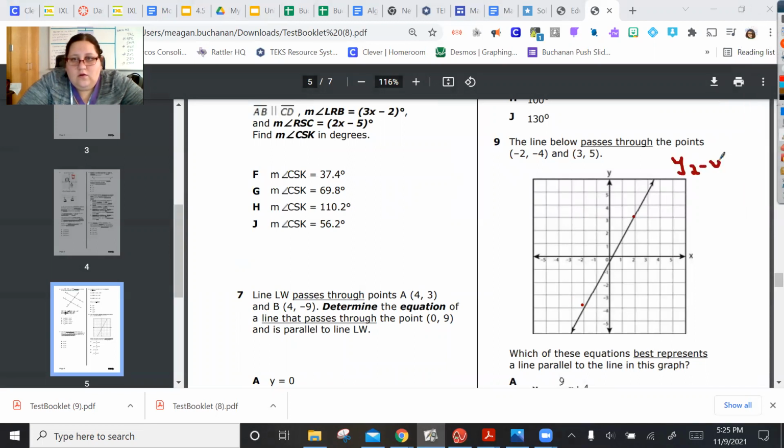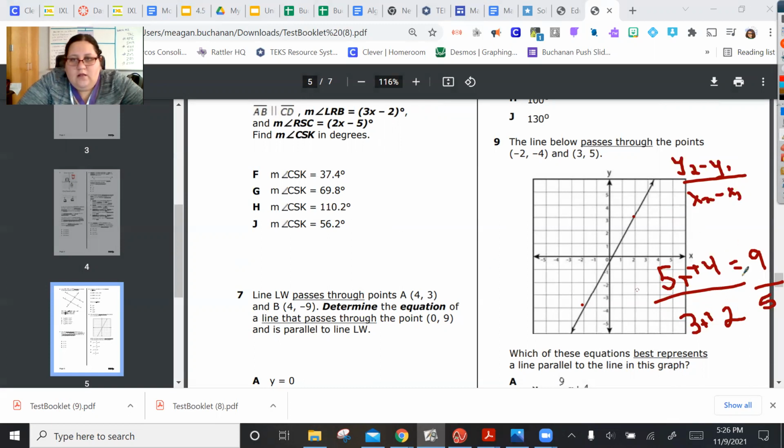y2 minus y1 over x2 minus x1. So 5 minus -4 over 3 minus -2. When you subtract a negative, you add, so that's going to become 9, and that's going to become 5.